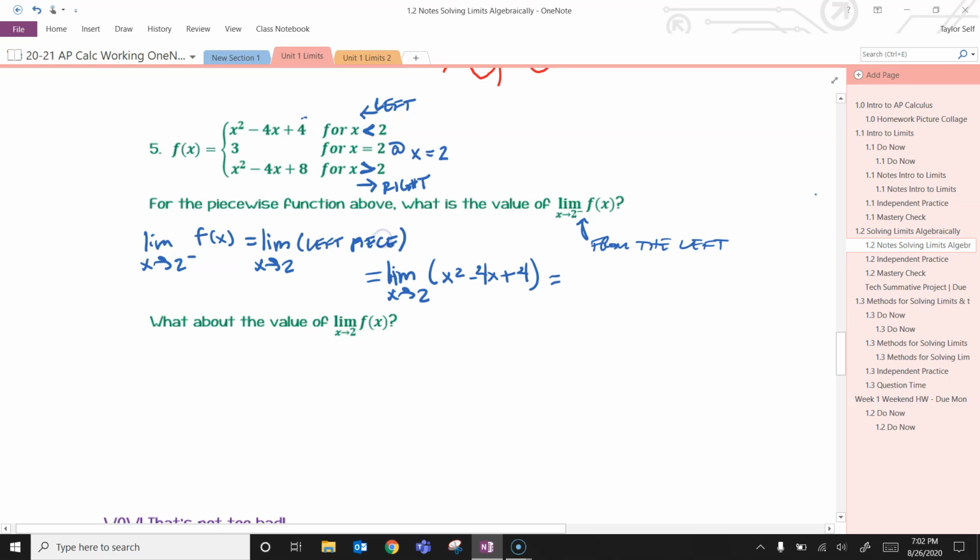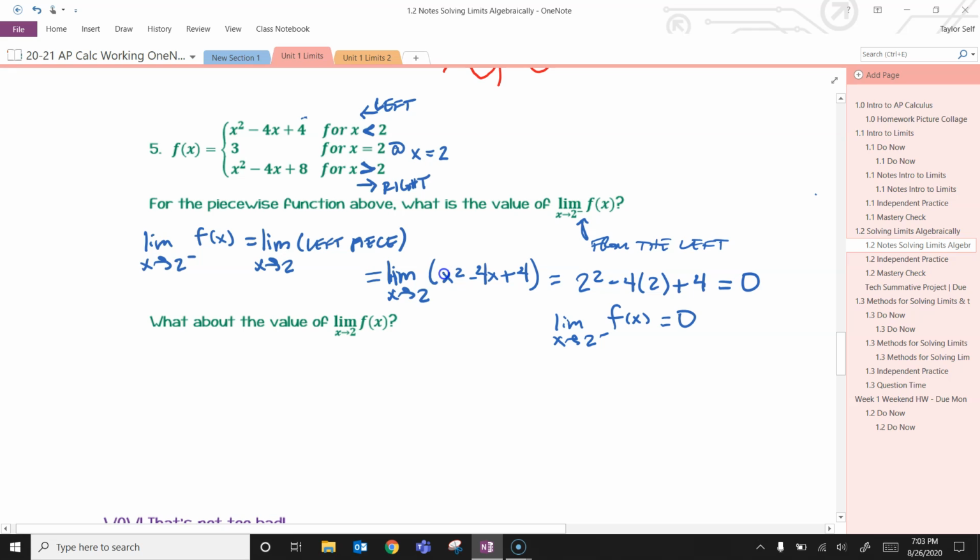Is a quadratic continuous? Yes, it is, so we can use substitution to solve. We get 2 squared minus 4 times 2 plus 4, and if you fully simplify that, you get 0. That's the limit as x approaches 2 from the left of f of x.